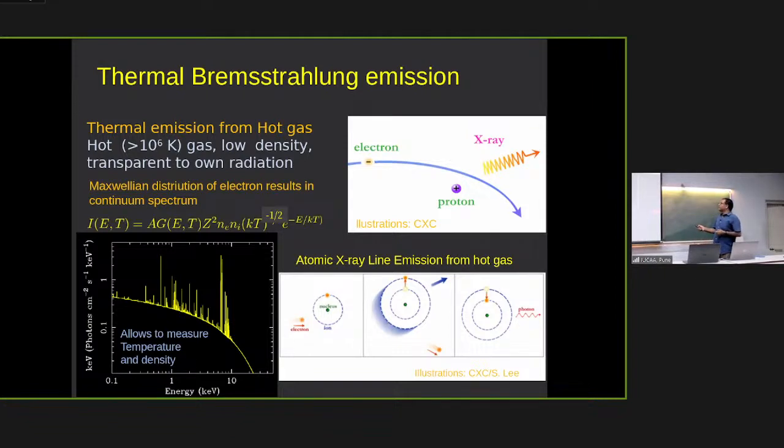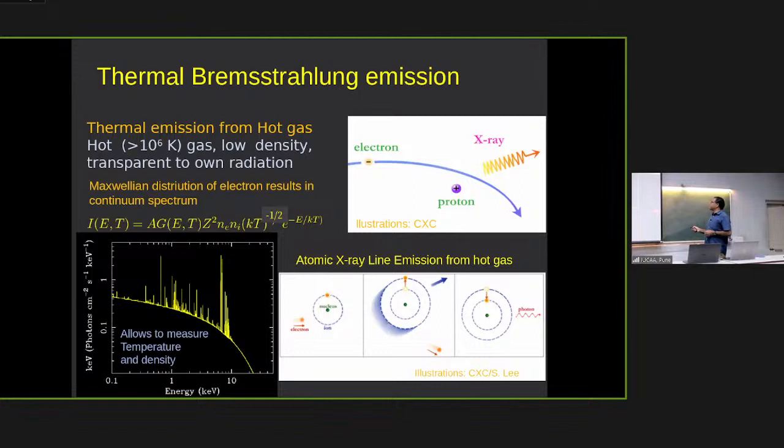Because of this deceleration, there is radiation in the X-ray band. We are talking about thermal plasma at a very high temperature, a million to 10 million degrees. This kind of radiation is called thermal Bremsstrahlung emission. Essentially, the deceleration of electrons near the ions is the process giving rise to thermal Bremsstrahlung emission.